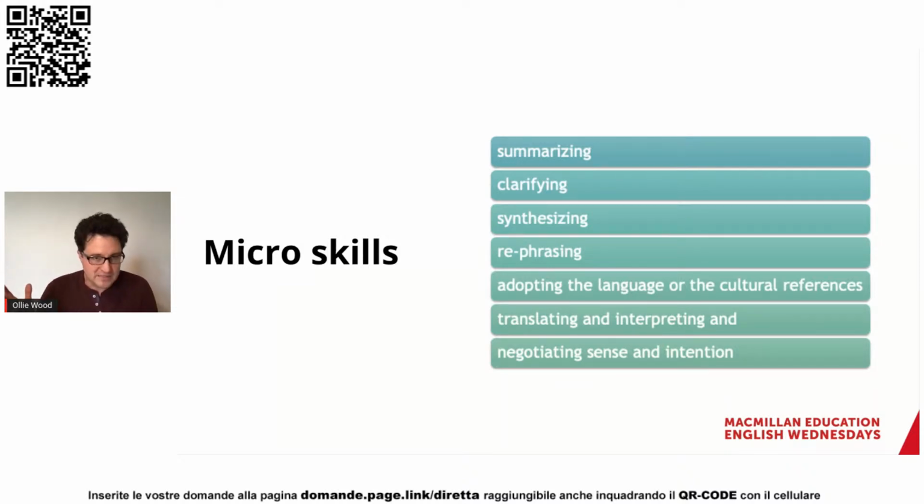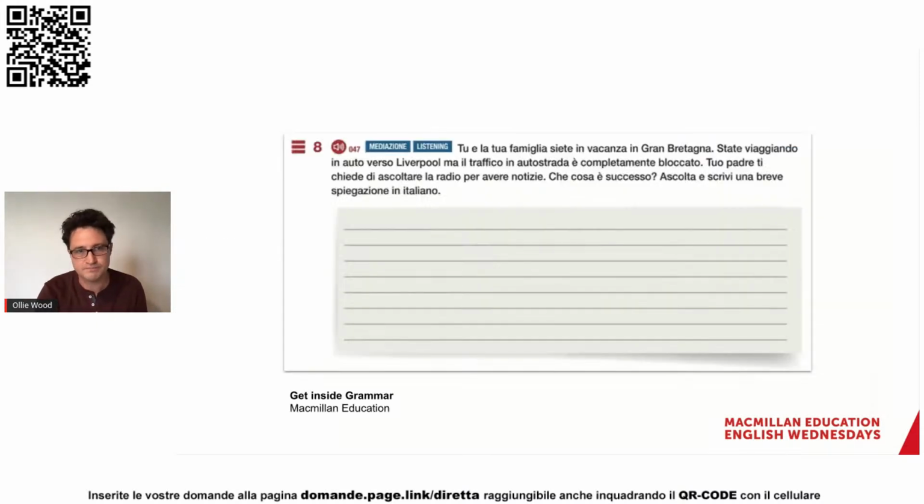If that sounds complicated, which admittedly it can do, well, let's break it down further with another video so you can see these microskills in action. So this time, Antonella, the student that I seconded into doing all of these activities for me, is with her parents in the UK.